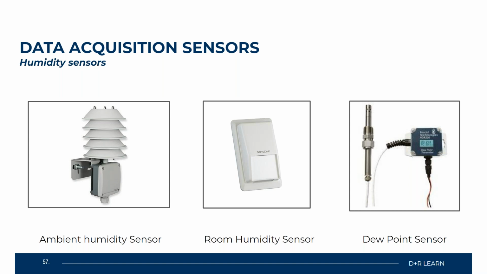So the quality of the air that you use in compressed systems is very, very important to the end process. We want to make sure that we have no moisture in the system, and having a dew point sensor and even the ambient humidity sensors will allow you to measure that reading and adjust your system accordingly. That way you're not flooding it with any type of condensation, and it makes your end use equipment inoperable.